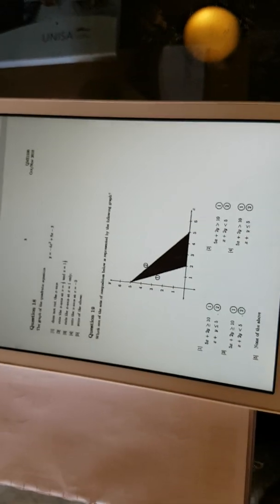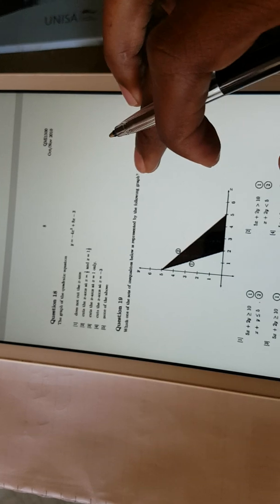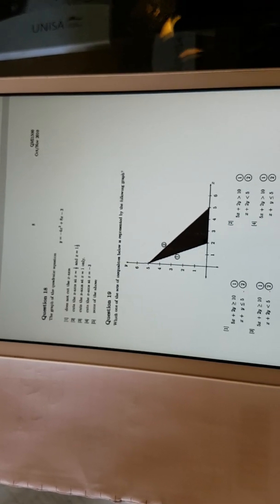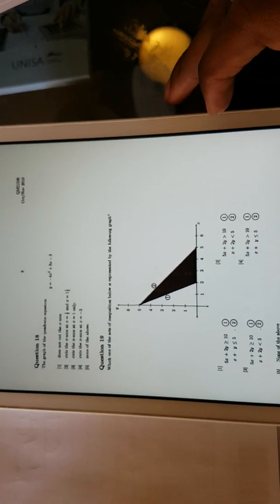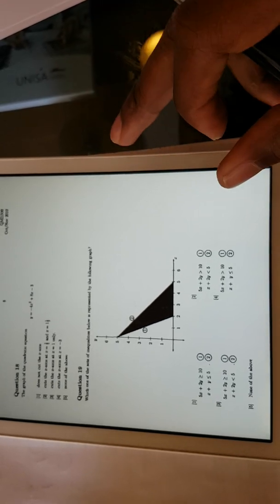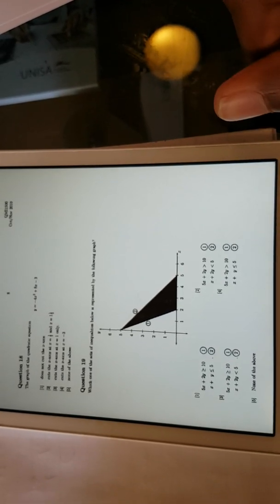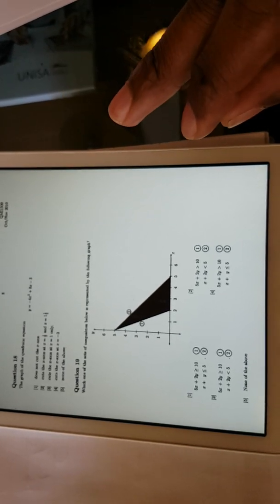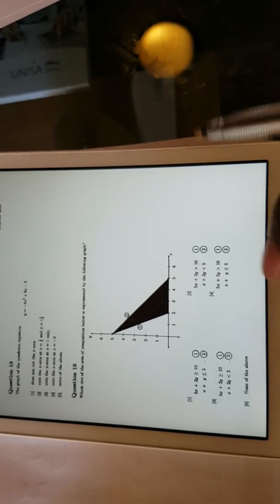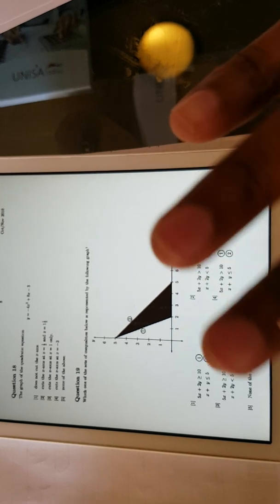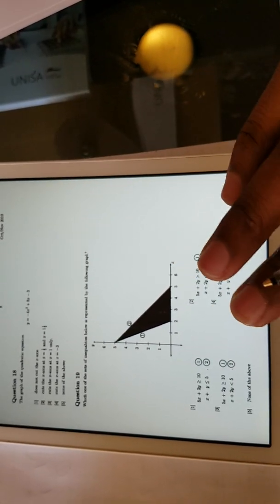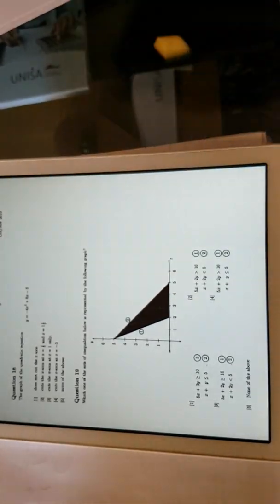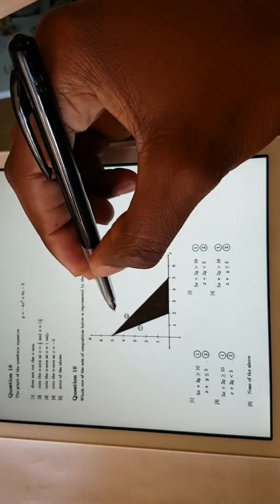So while we are on the same question paper, October-November 2010, I will advise you guys to look at video number 1 for the linear inequalities. Okay, we have the first video. So the first video shows you about the greater sign and the less sign. How does it look? Okay, so in our graph here we have line number 1 and line number 2.